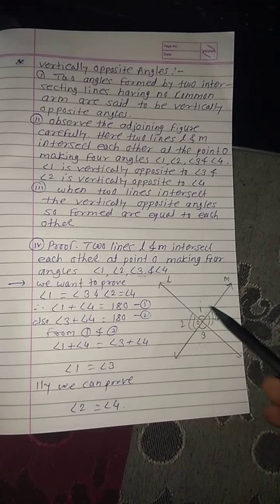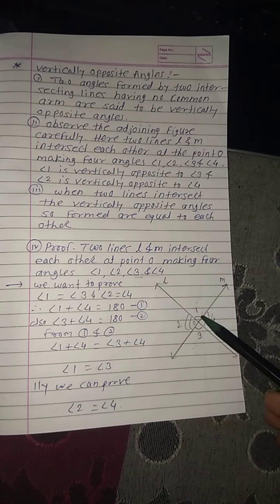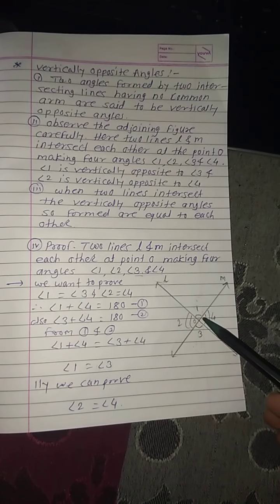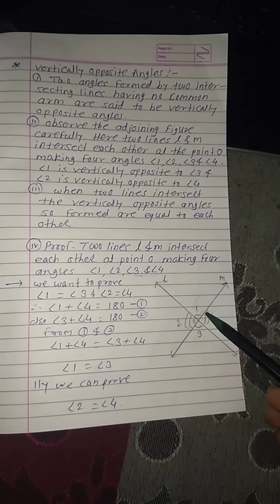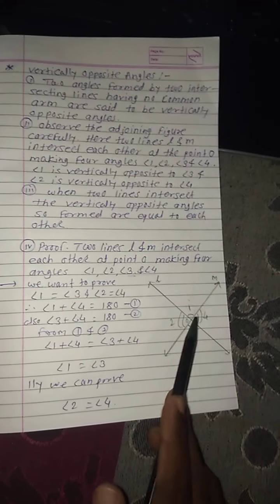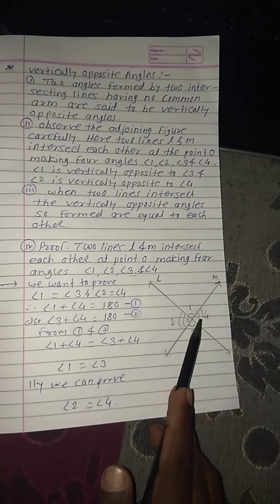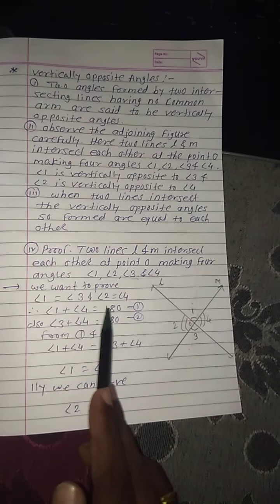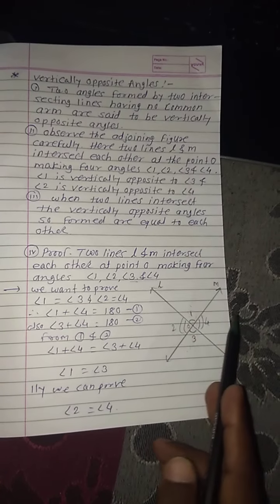Everyone knows that a linear pair is supplementary, so the sum of these two angles is 180 degrees. Therefore, angle 1 plus angle 4 is equal to 180 degrees. I hope you understand.